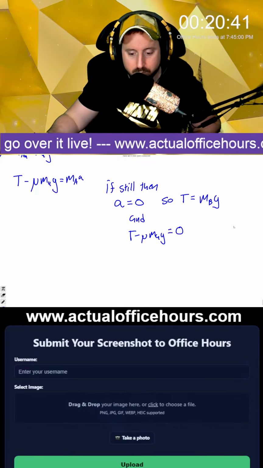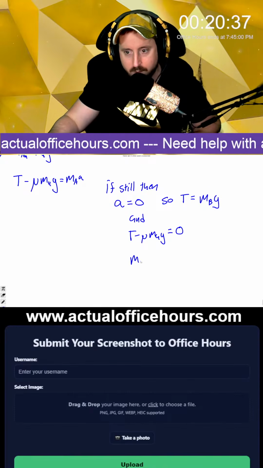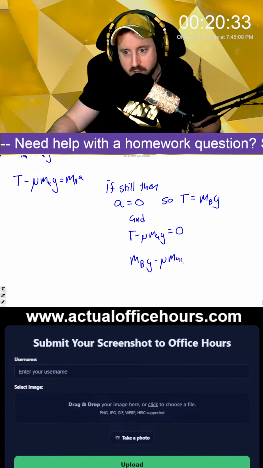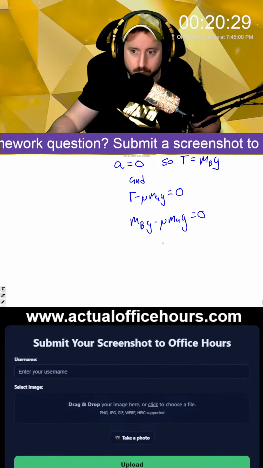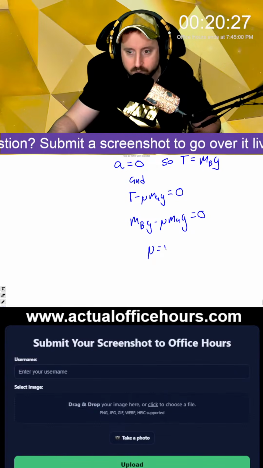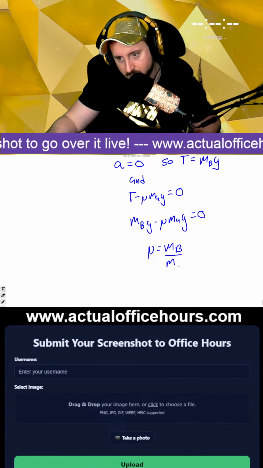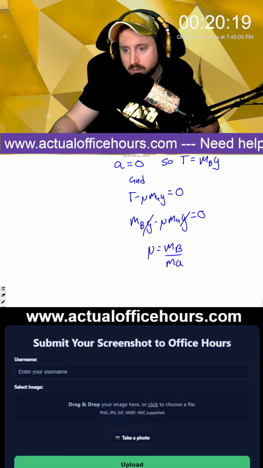Let's see if that's possible. You can plug that in, and so M_B g minus mu M_A g is equal to 0. We can actually just solve for mu here, so you get mu is equal to M_B over M_A, because the g's will cancel.